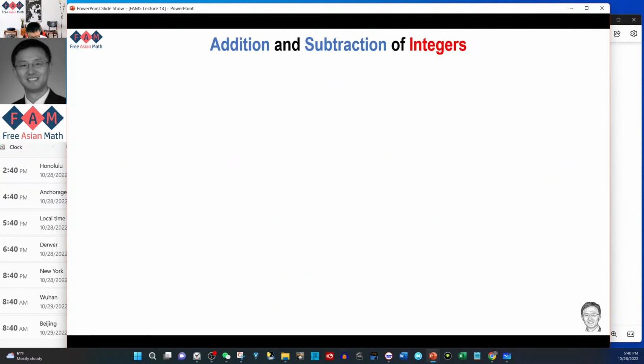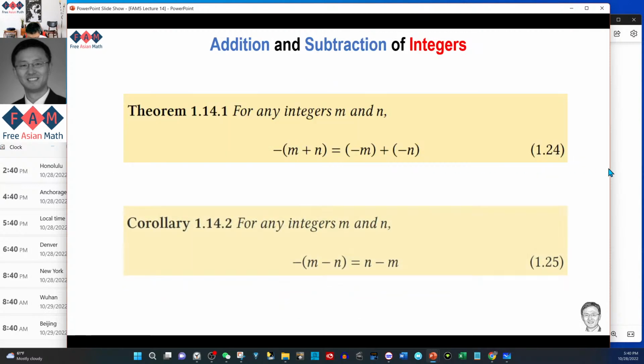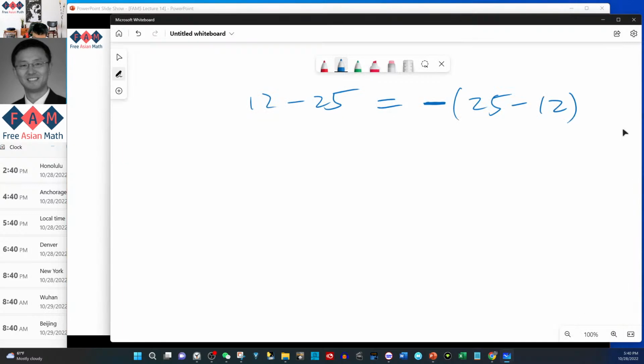So, therefore, this is nothing but negative 13, because we do know how to evaluate 25 minus 12. That's what happens when you think about 12 minus 25. You're subtracting a bigger positive integer from a smaller positive integer.